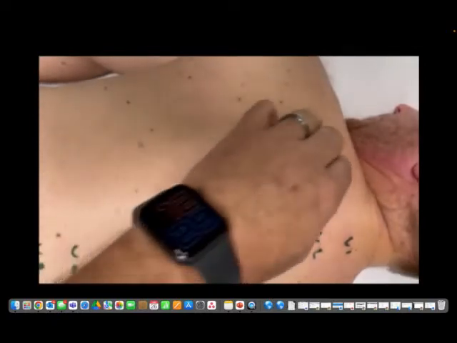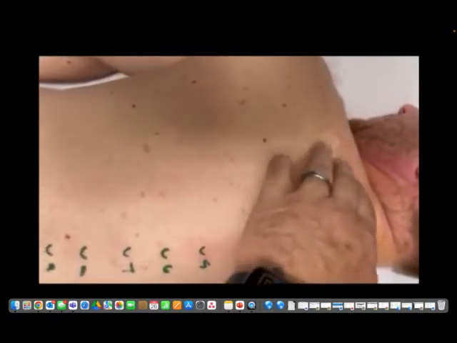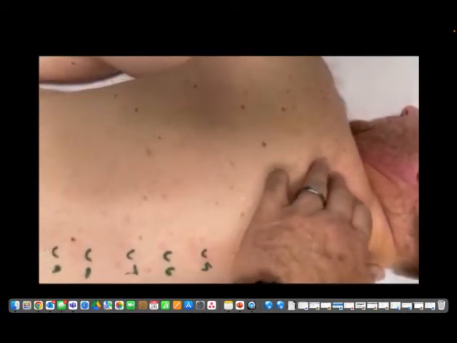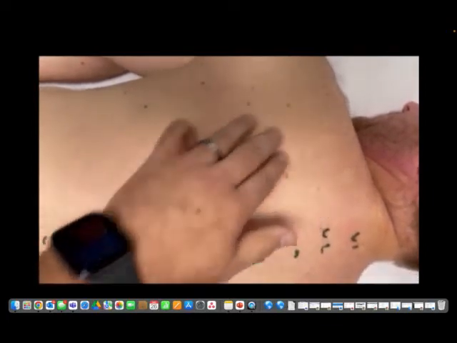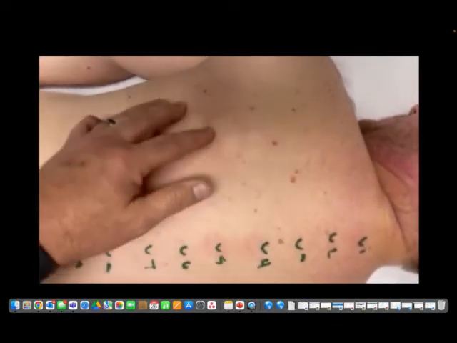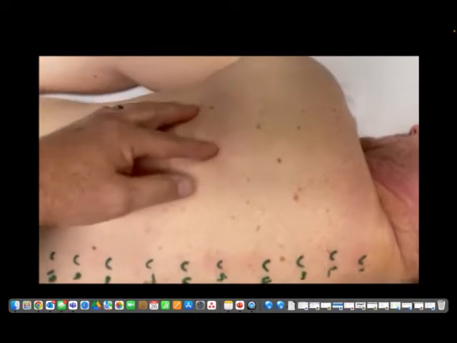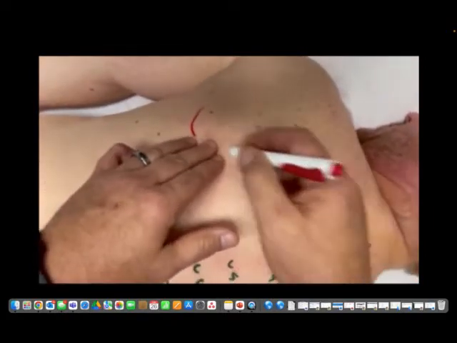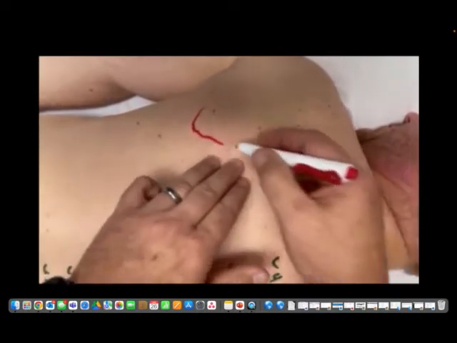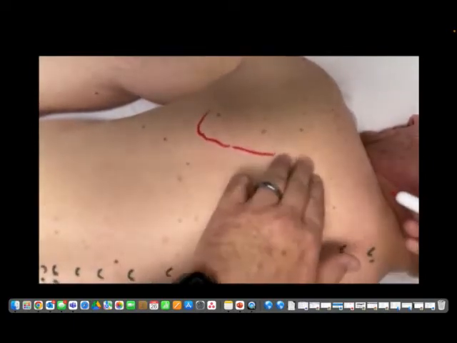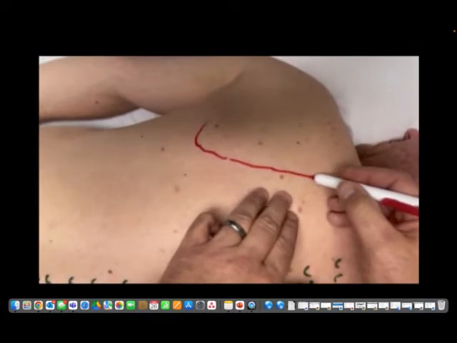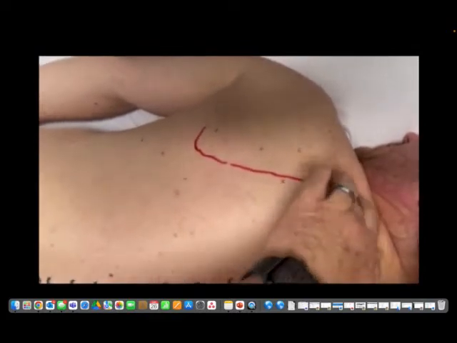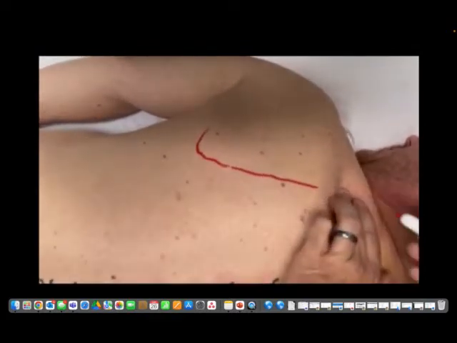Okay, so let's then talk about some reference points, both at T1 and at T3, T4. Before we do that, let's outline the margin of the scapula. So we'll look at the inferior border first, and then we will follow the medial border of the scapula up. You want to get all the way to the superior border.